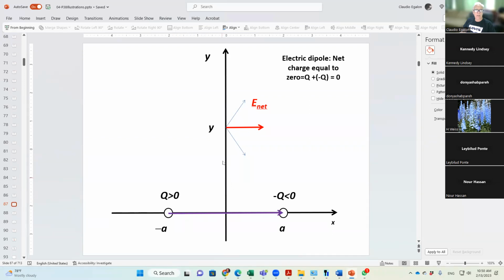Tangent of theta is going to be y divided by a. But the tangent of theta is not the most convenient one to use. There's a better one.